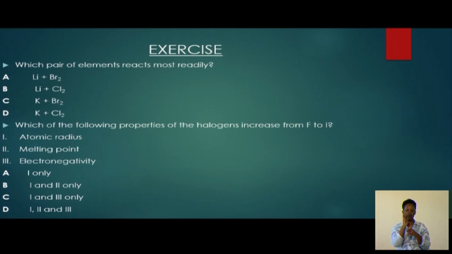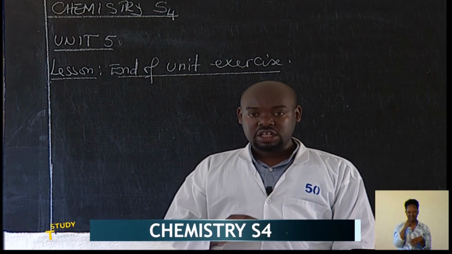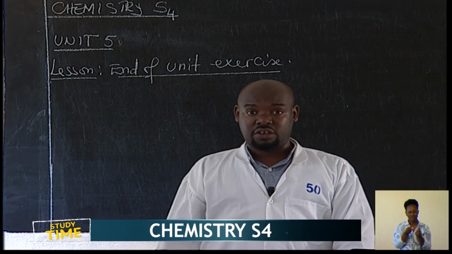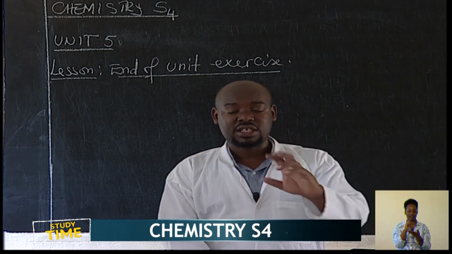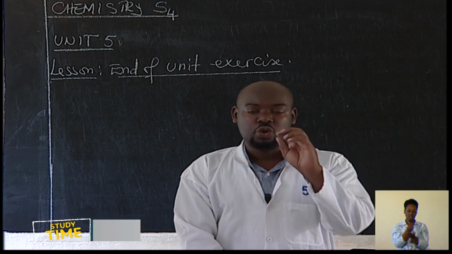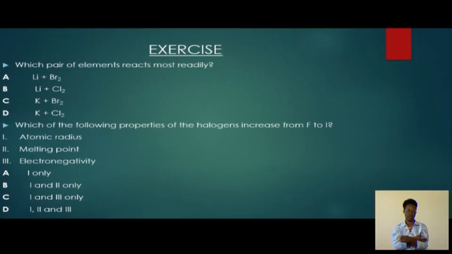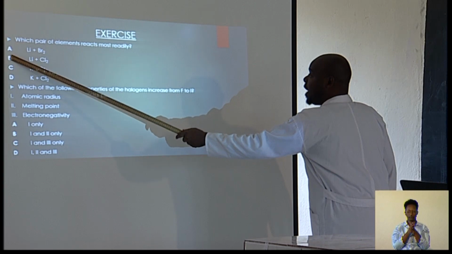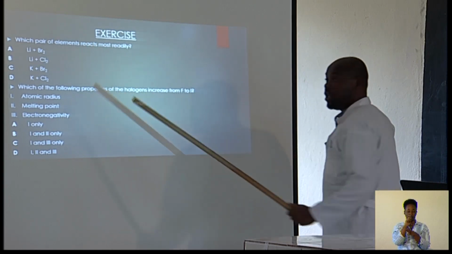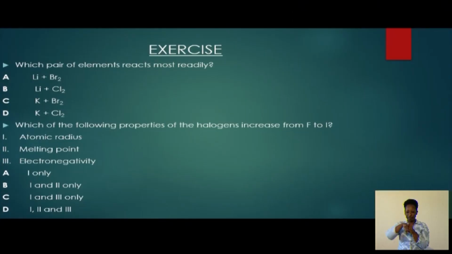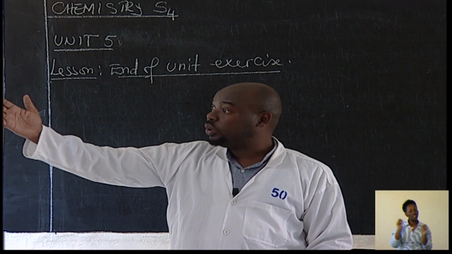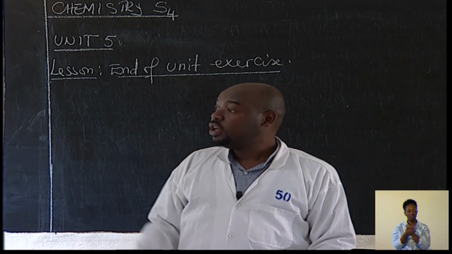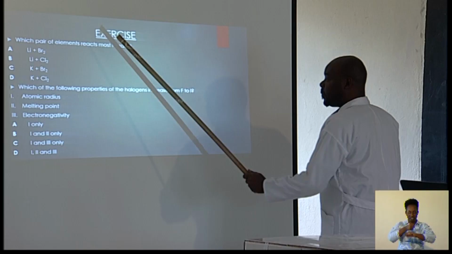And if it is the one to lose more easily, then it is the one which is more reactive, because it requires a small amount of energy to lose the electron. And so suggestions A and B, which contain lithium, they are wrong. They can't be the ones which will react most readily. So we choose from C and D.